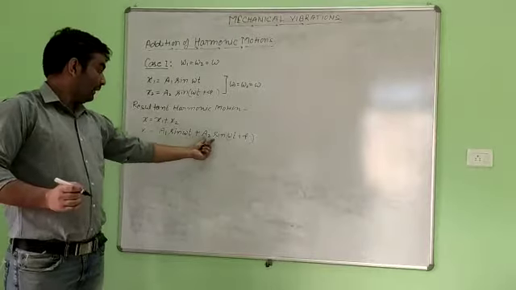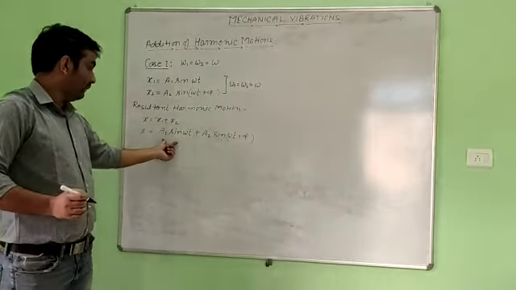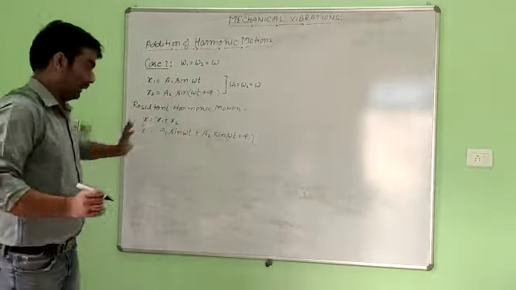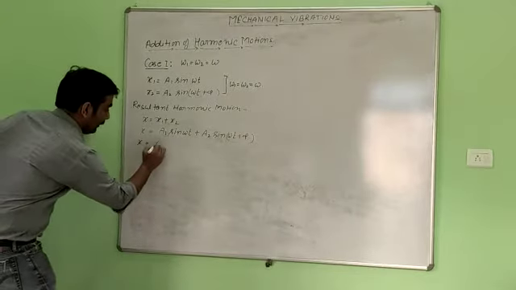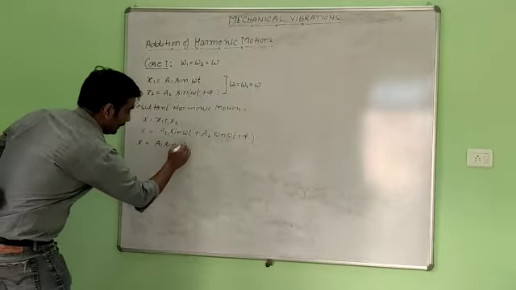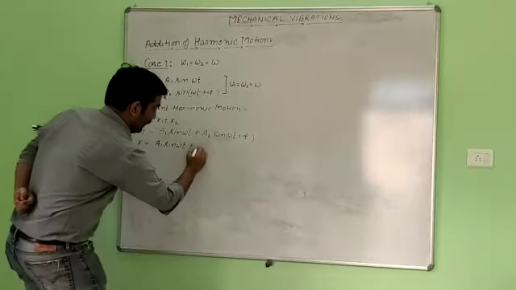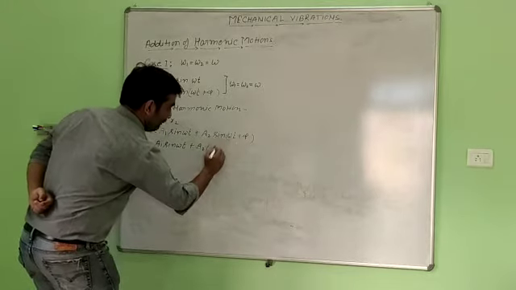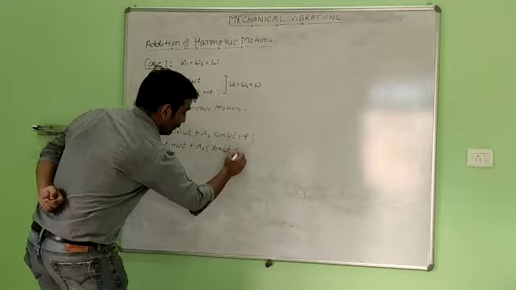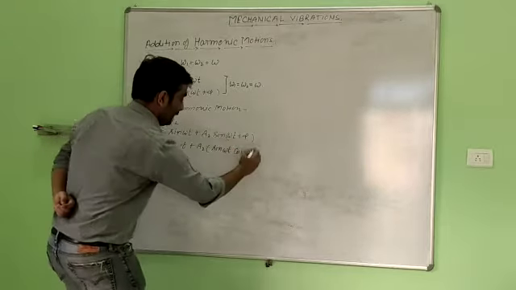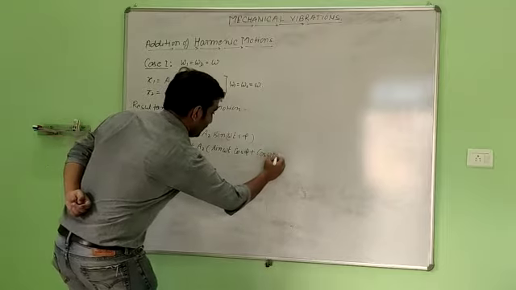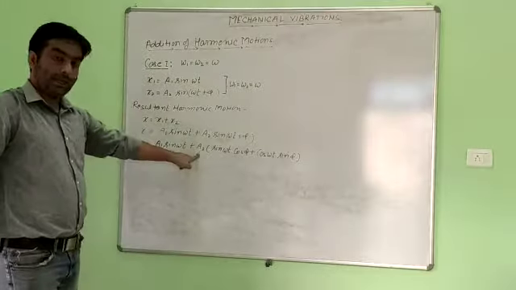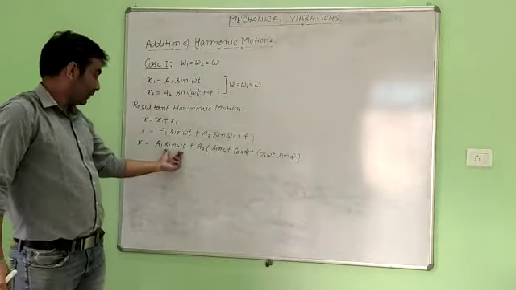Now we will open this sin(omega t plus phi) and we will separate out the coefficient of sin omega t and cos omega t. So x will be equal to a1 sin omega t plus a2 times, sin(a plus b) equals sin a cos b plus cos a sin b. Now separate the coefficient of sin omega t.